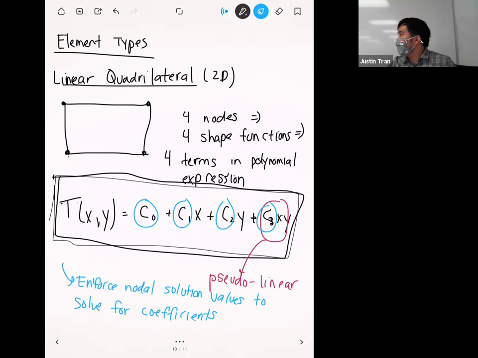The requirement is that if we take the partial derivative of that last term with respect to x, then x goes away. That's the reason why we call it pseudo-linear. And same thing with y. Okay, so that's the linear quadrilateral.